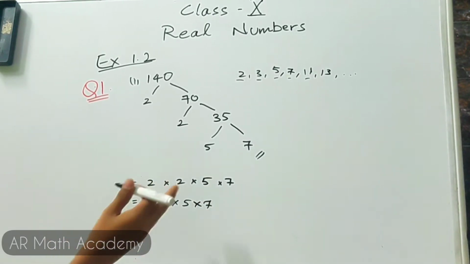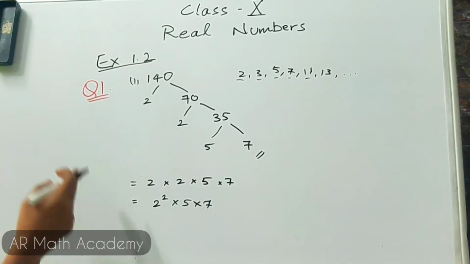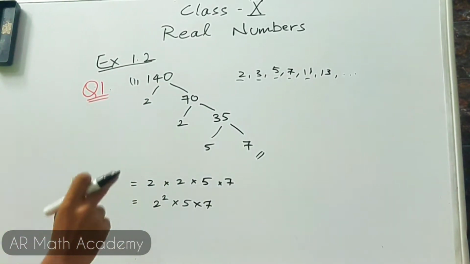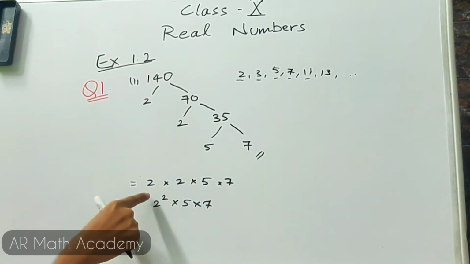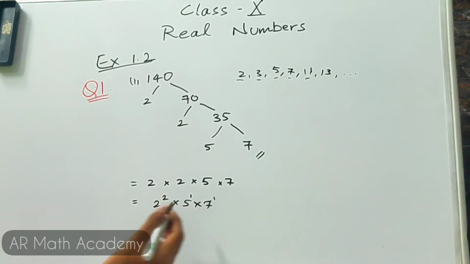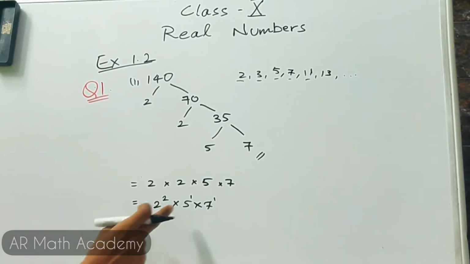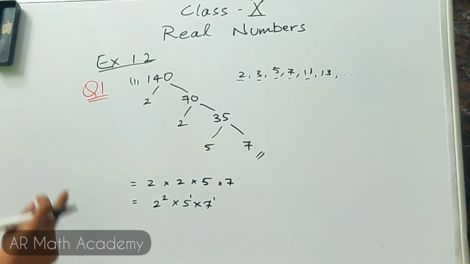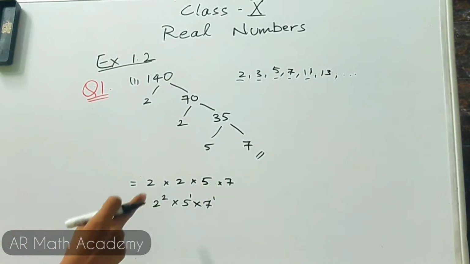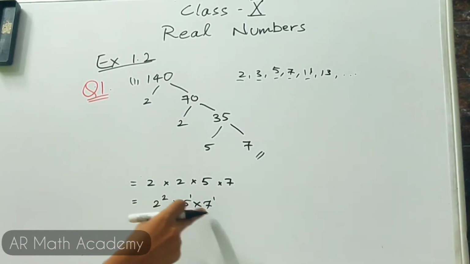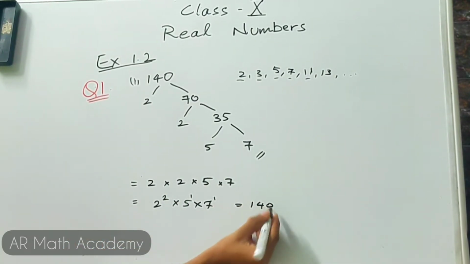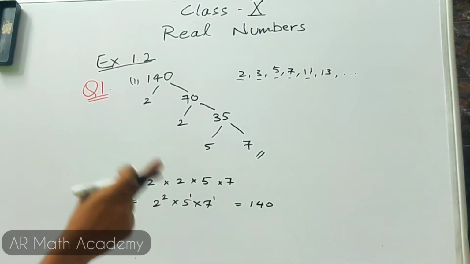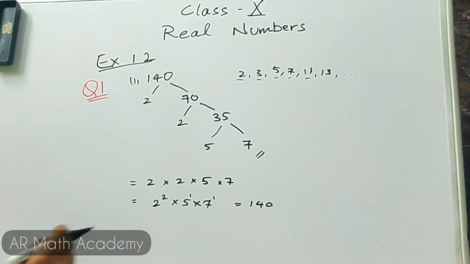This is how you represent 140 as a product of its prime factors, where the powers are 2, 1 and 1 respectively. If you want to check it, just multiply: 2 square is 4, 7 times 5 is 35, and 35 times 4 gives us 140 again. So we have successfully split 140 into a product of its prime factors.